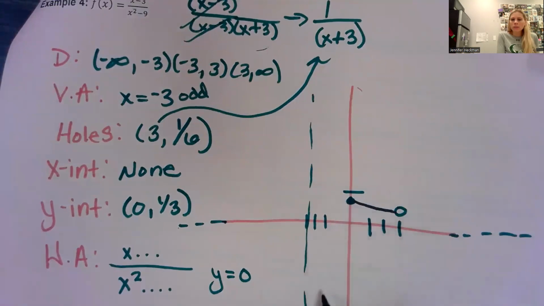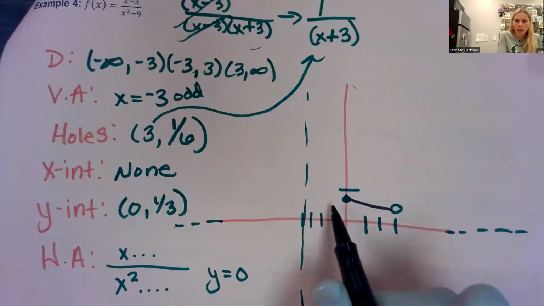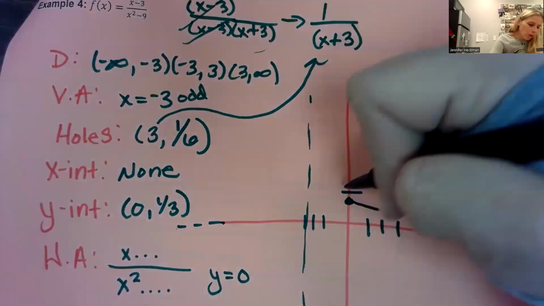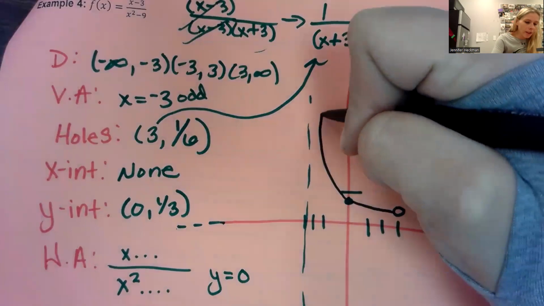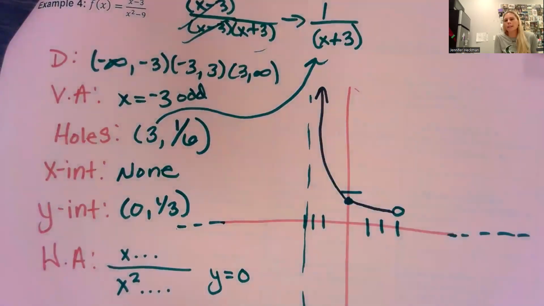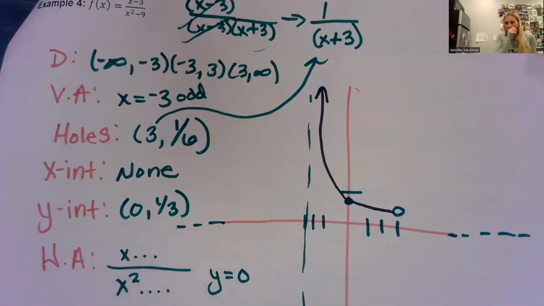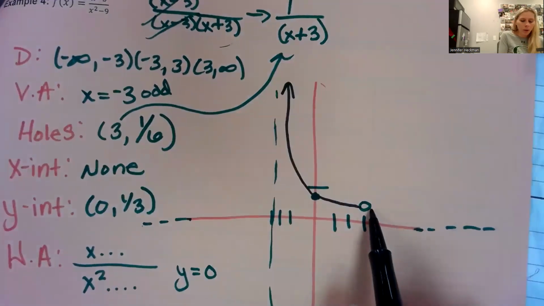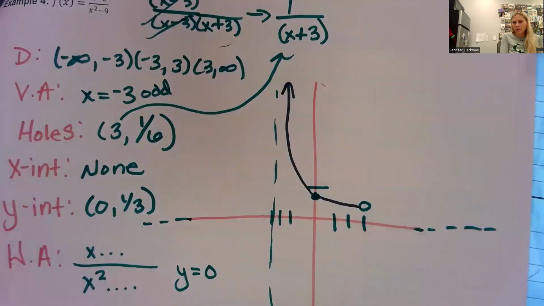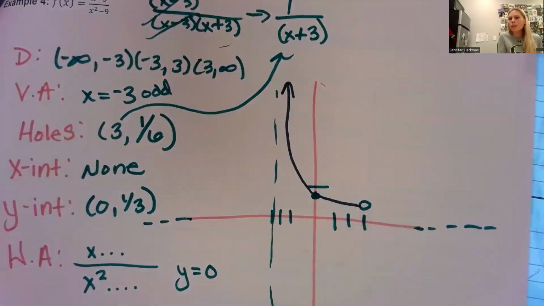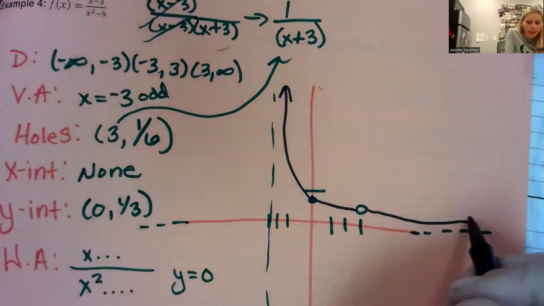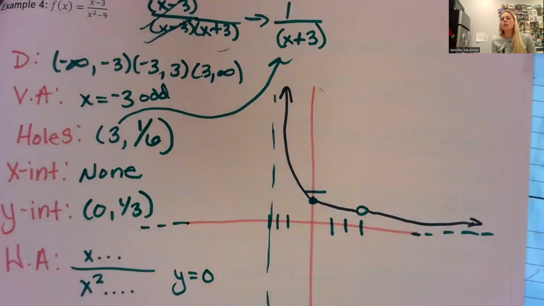Will it go down to this vertical asymptote, or will it go up? Well, it must go up, because if it goes down, we would have an x-intercept. What about the right side of this hole? Could we go down? No, we can't go down. We have no x-intercept.